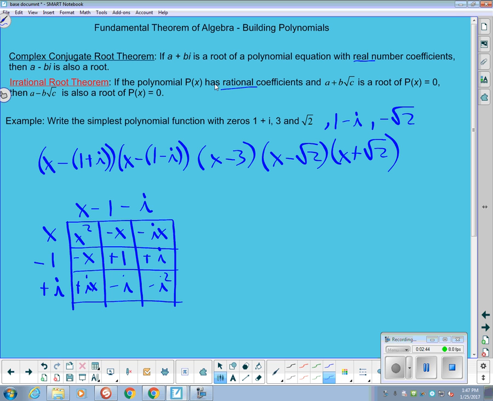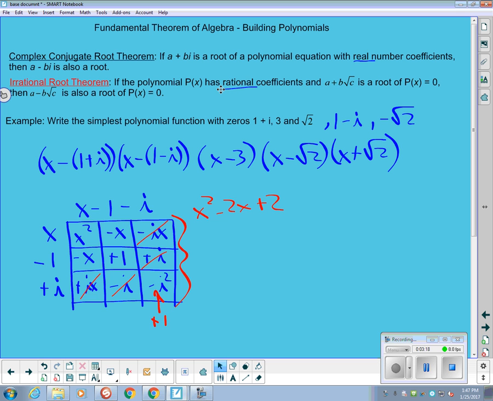And so we start to combine some of those things together. We can see that the minus ix and the plus ix will cancel, and the minus i and the plus i, and that minus i squared is equivalent to, since i squared is negative 1, a plus 1. So if we pull these things together, we're going to get x squared minus 2x plus 2. That's what we get when we multiply those together.